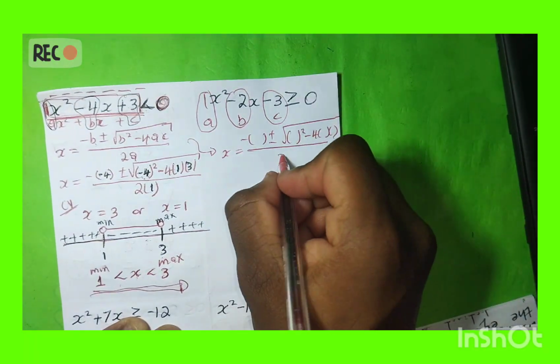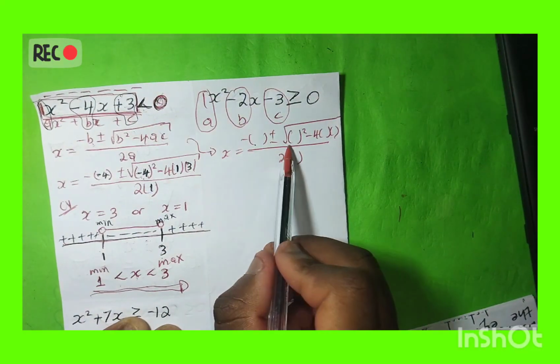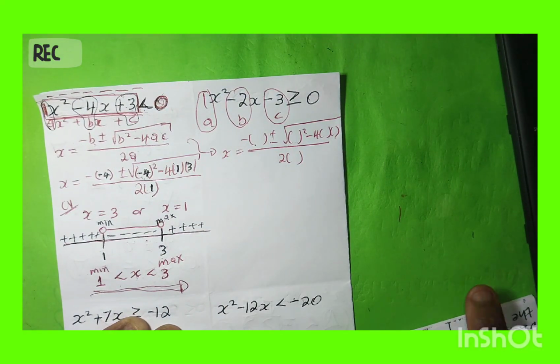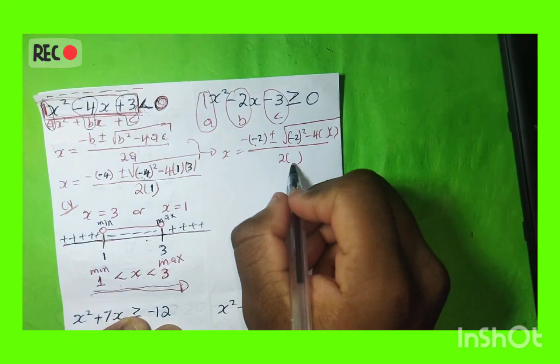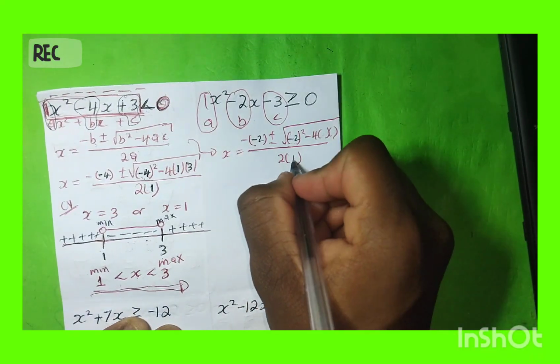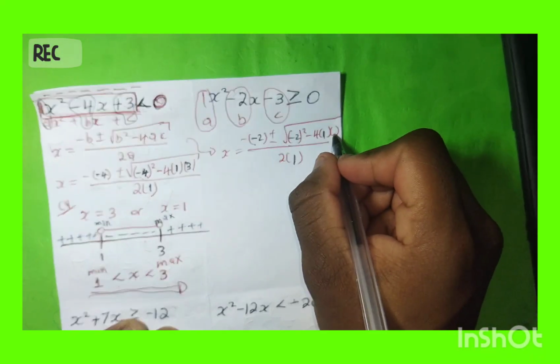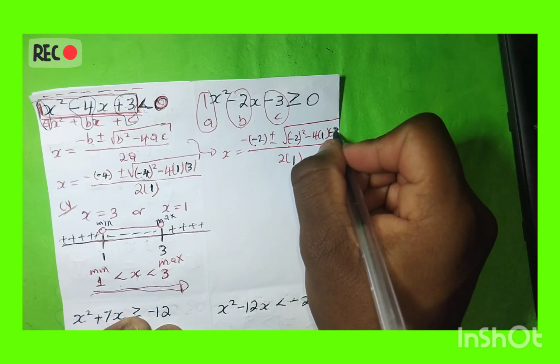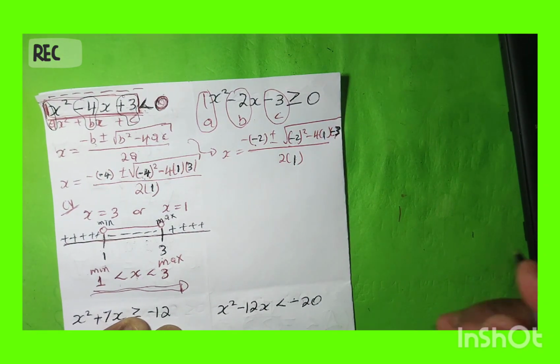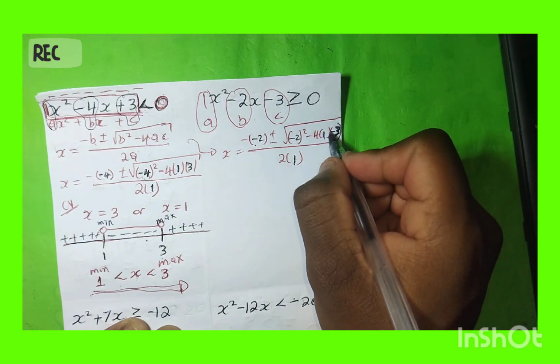Substitute, divided by 2. Here I substitute my B there, which is that B there, if you can take a look, it's -2. And here it's our A, which is 1 there. And there, guys, it's our C there, which is -3 there. Do you see? And now just take there, it's a close bracket.